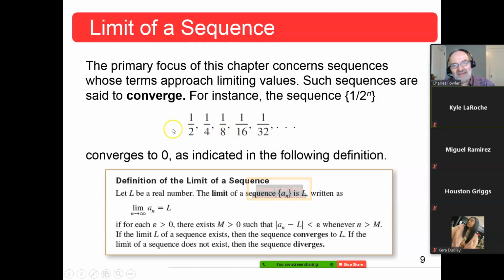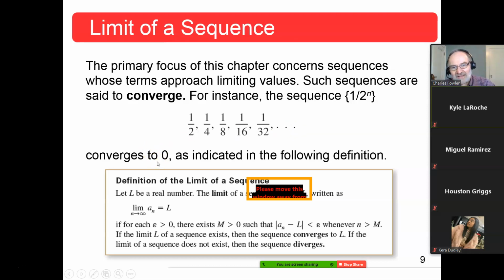Now, looking at that sequence of numbers, obviously they're getting smaller and smaller and smaller. 1/2, 1/4, 1/8, 1/16, 1/32, 1/64, 1/128. They're getting very, very small, and that converges to 0.